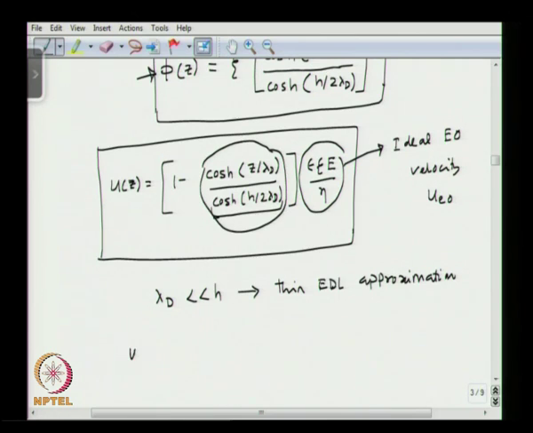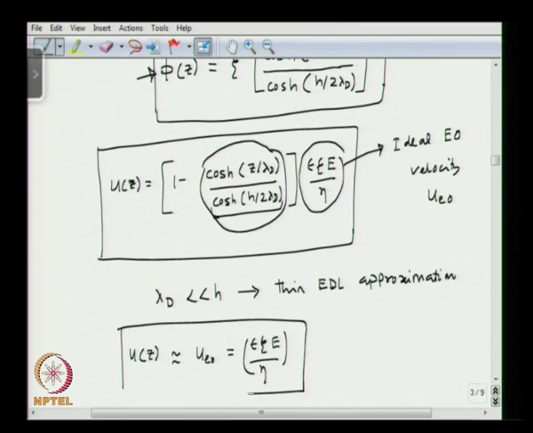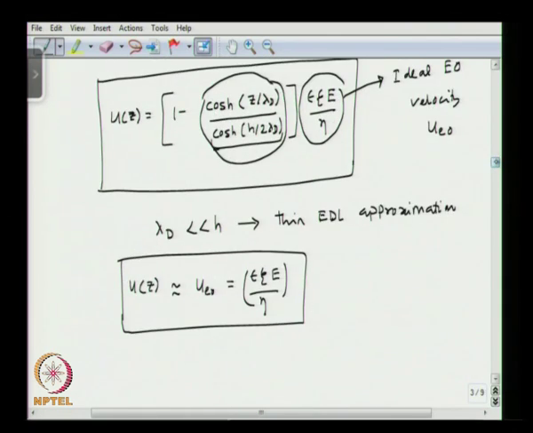So, u z will be equal to the ideal electroosmotic velocity, which is nothing but epsilon zeta E over eta. So, this is something we can say when the electrical double layer is very thin as compared to the transverse length scale.